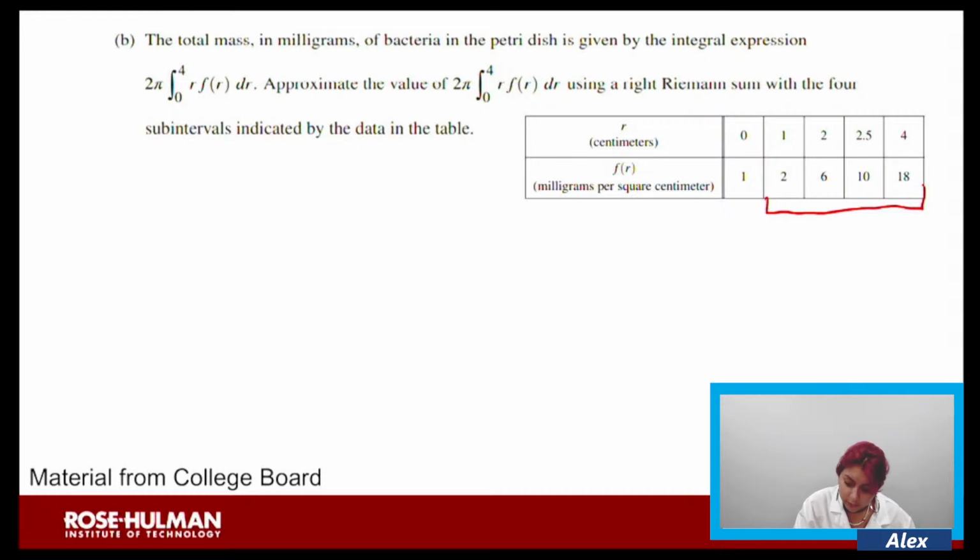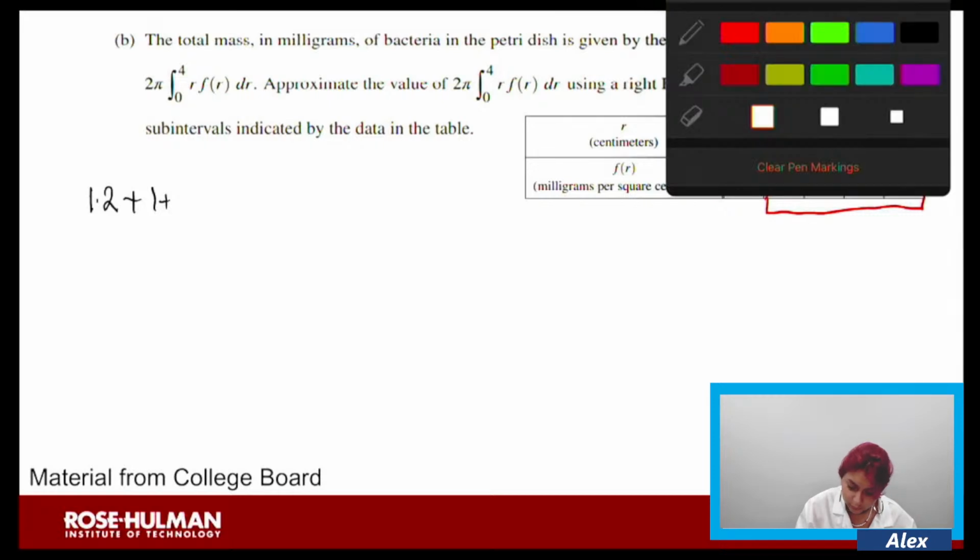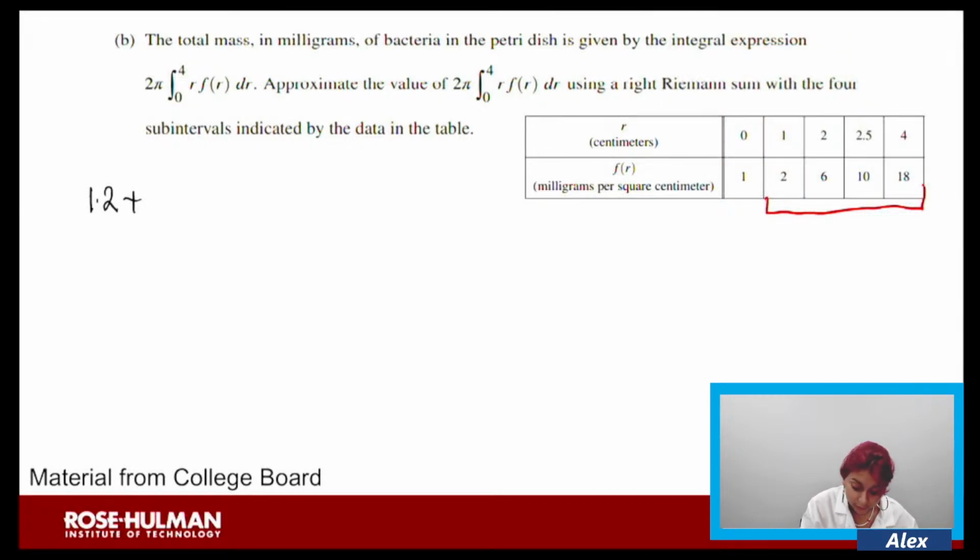For our integral, which we will later multiply by 2 pi, our Riemann sum will be 1 times 2, plus the difference between 1 and 2 is 1. I'll put these in parentheses so that you can see what I'm multiplying by. The right value for that one would be 6.